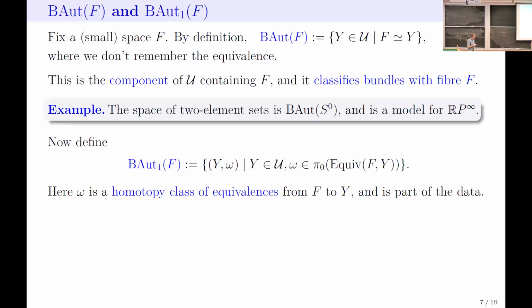B01 of F consists of pairs of data. The first thing is, again, an object of the universe. But the second is that I'm going to remember not an equivalence from F to Y, but a homotopy class of equivalences. So pi naught of the space of equivalences. Okay. So up above, I wasn't remembering anything about the equivalence.